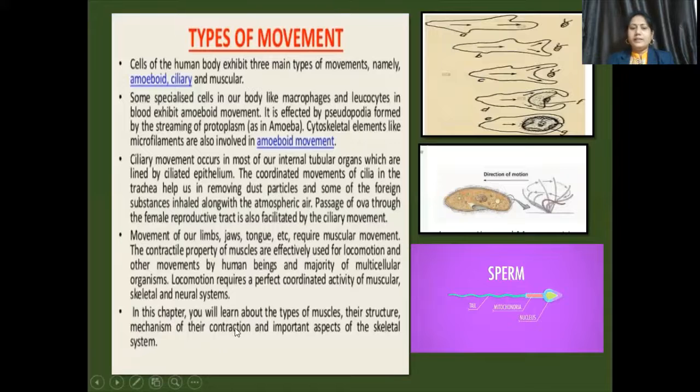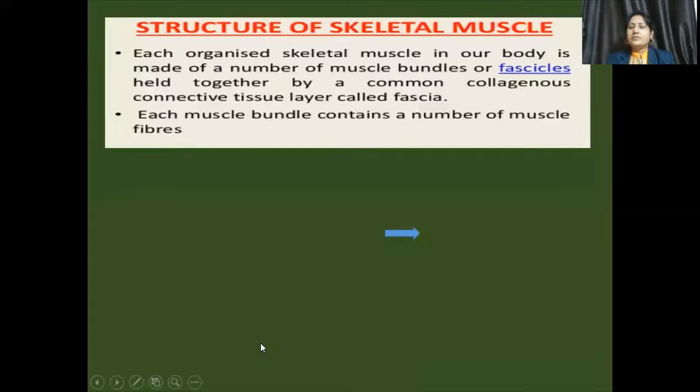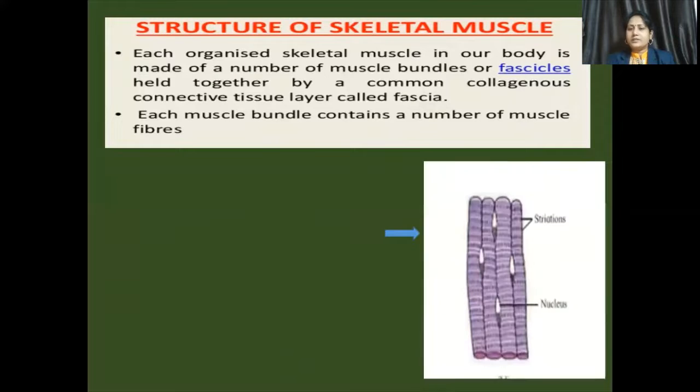Here in that chapter we will learn about the types of muscles, their structure, the mechanism of contraction and relaxation, and some important aspects of the skeletal system. Now, next one, the structure of skeletal muscle.